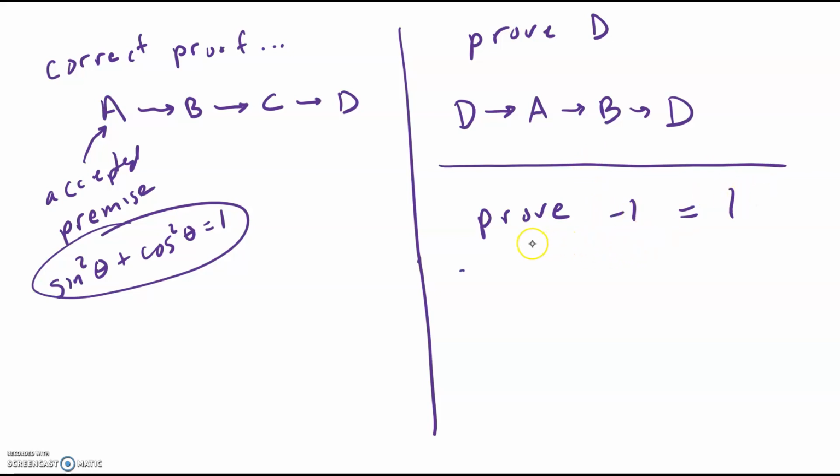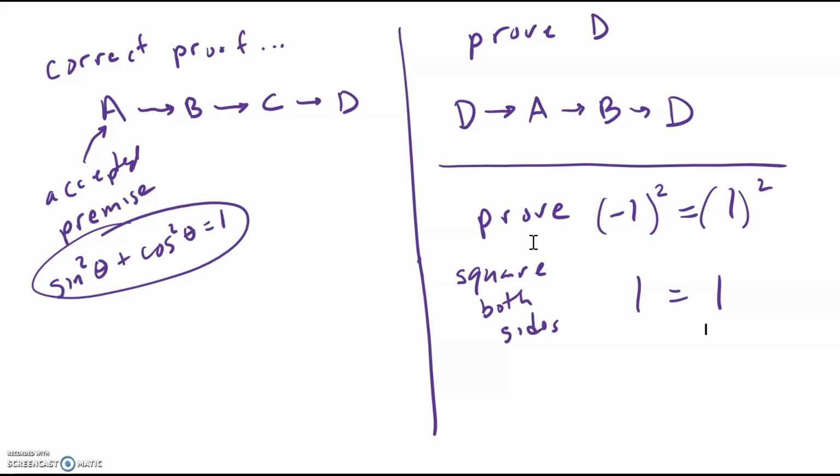It's generally accepted that if you have an equation, you can square both sides. So you square both sides, and you have 1 equals 1, and this is true, therefore the original statement must be true. Proven, right? Well, no, because I started off assuming something to be true that actually was the thing that I was trying to prove in the first place.